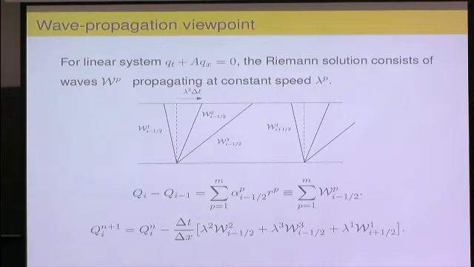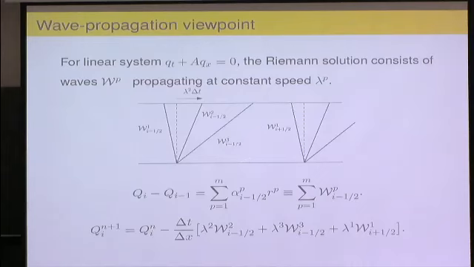How do you extend this to a system of equations? Well, if we have a linear system or a nonlinear system, we would typically approximate, as I said, at each interface by some linear problem. Then the jump between Q_i and Q_{i-1} is a vector with m components. We can write that vector as a linear combination of the eigenvectors. So the r^p here are the eigenvectors of A, p going from 1 to m.